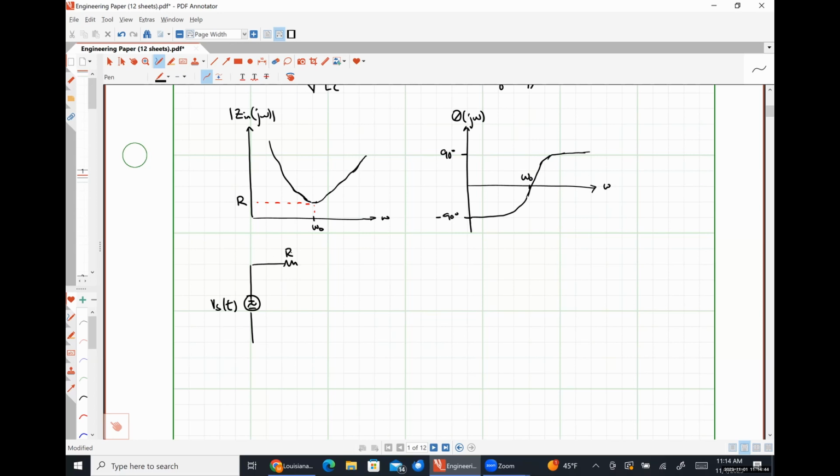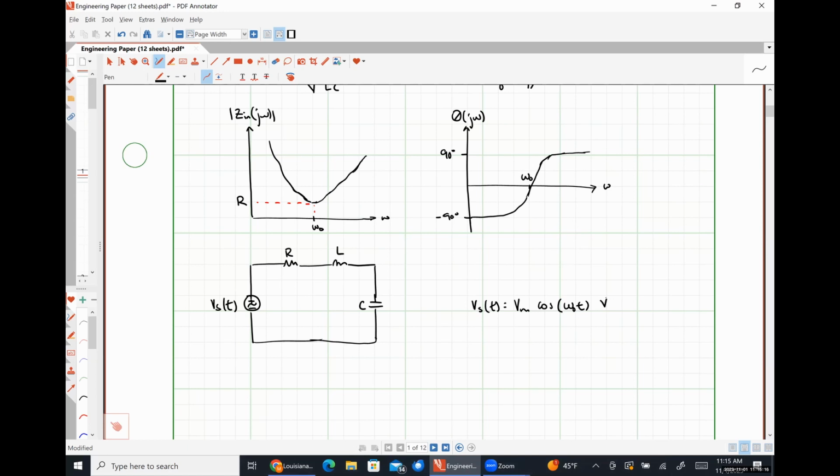Here we have some resistance R, some inductance L, and some capacitance C. Let's say specifically that Vs of t has just some generic magnitude Vm times cosine omega naught t, and to make the math easy, let's say that the phase angle is 0.